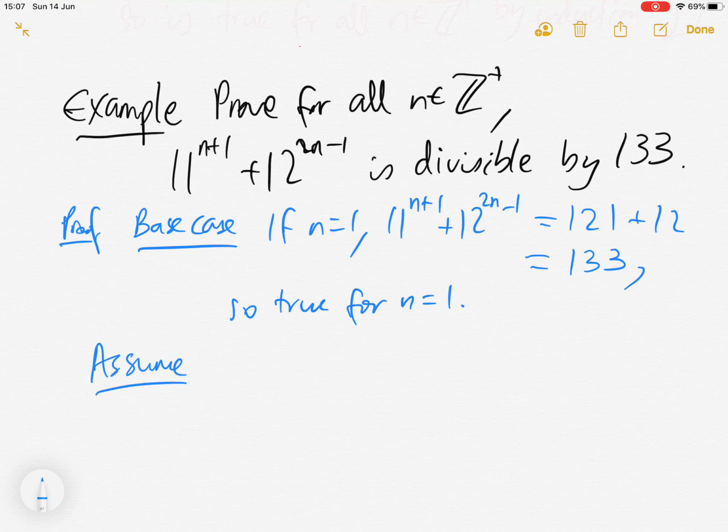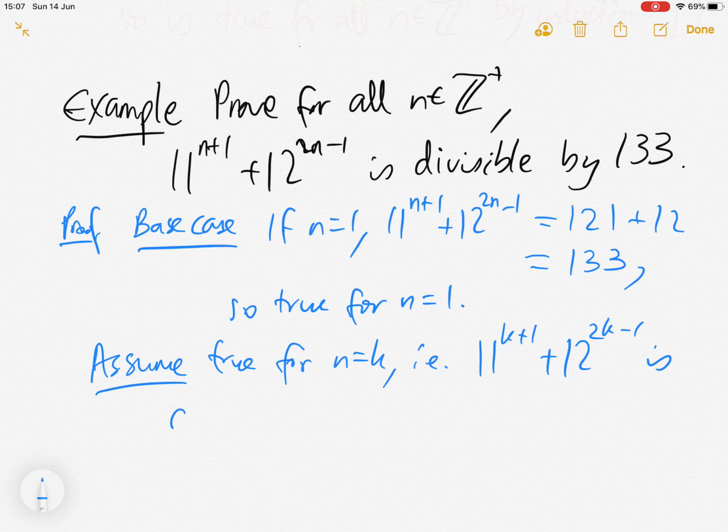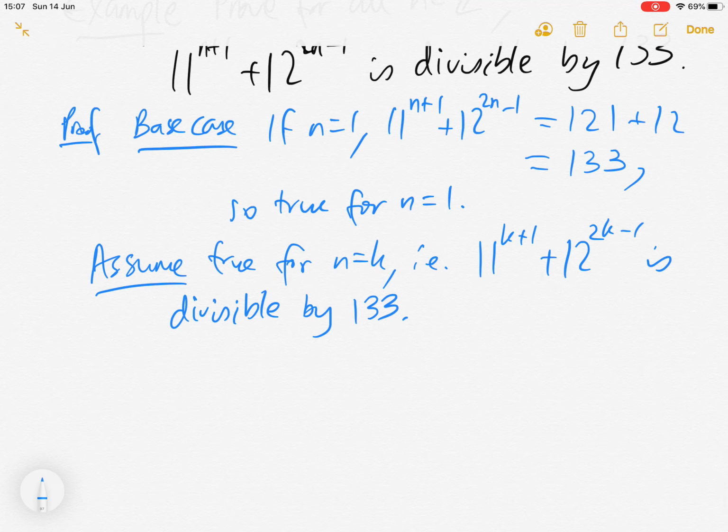We'll then assume that the statement is true for n equals k, which means we're assuming 11 to the k plus 1 plus 12 to the 2k minus 1 is divisible by 133, and we'll show this implies it's true for n equals k plus 1.